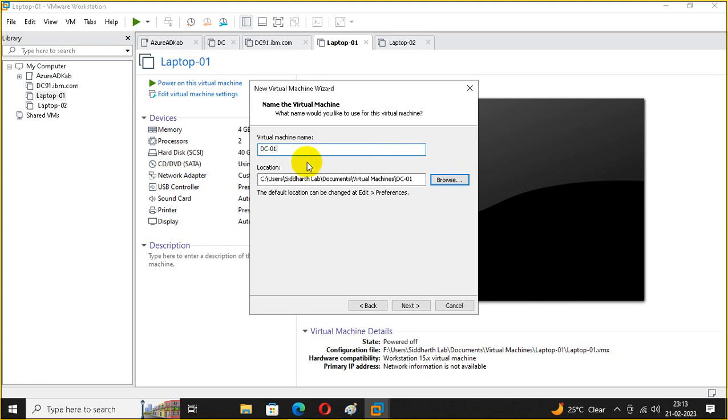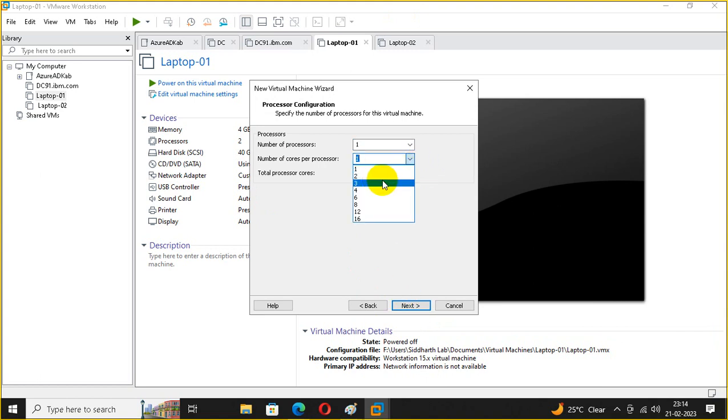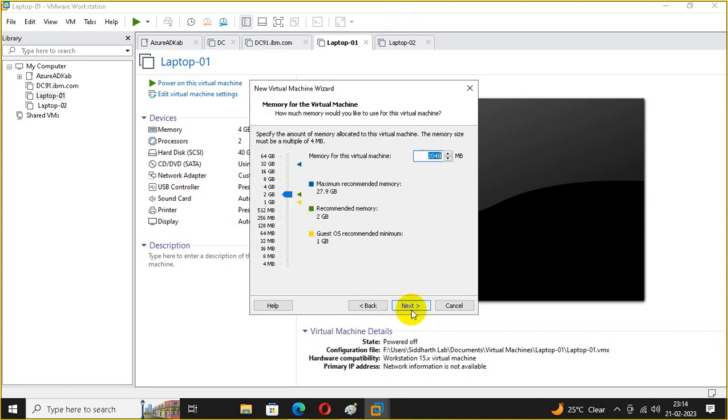Okay, so I'm creating one server. This is 01. When you practice, remember, do not create your server on C drive, create the server on F drive.